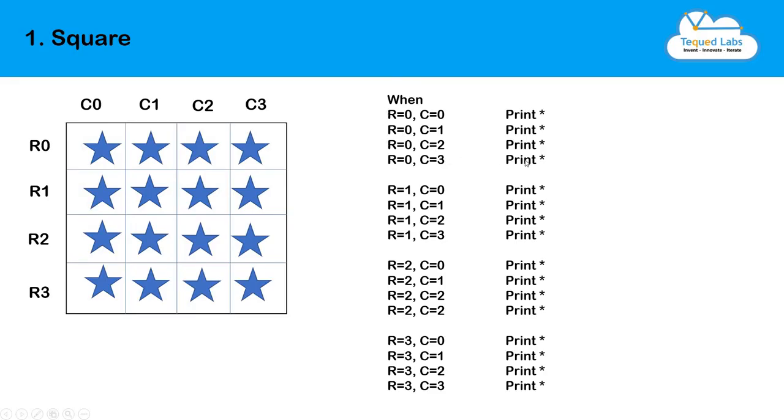As you can see here, we have completely described the location of the first particular row. Now moving on to the second row, R1, C0, C1, C2, C3. Now moving on to the next row, R2, C0, C1, C2, C3, R3, C0, C1, C2 and C3. So we have described the location of all the stars here.